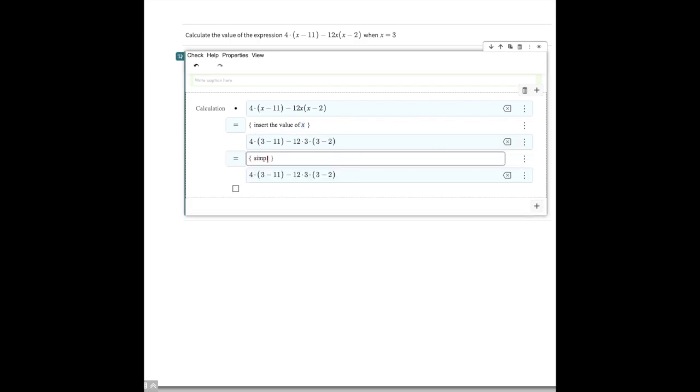And then we simplify. So this one here will be minus 8. And this will actually be only 1, so we can just remove it.